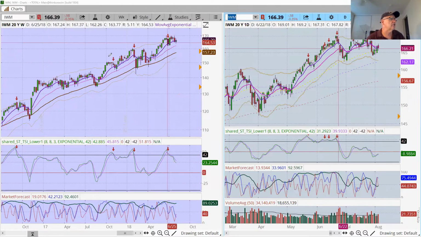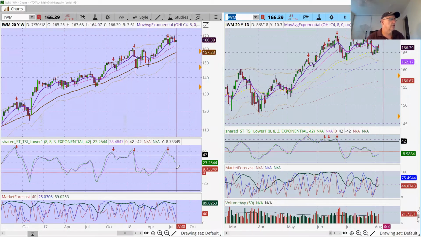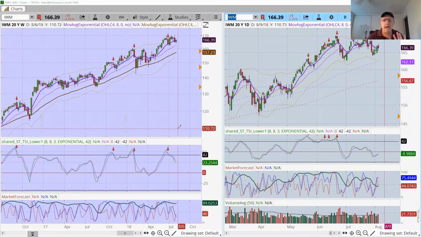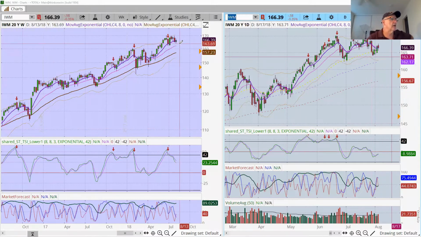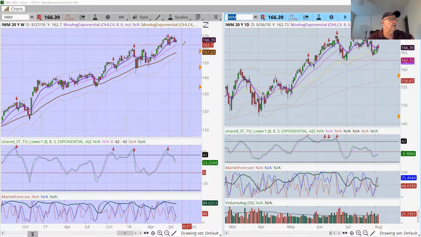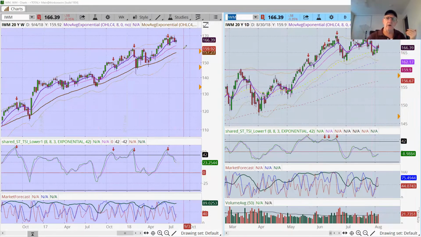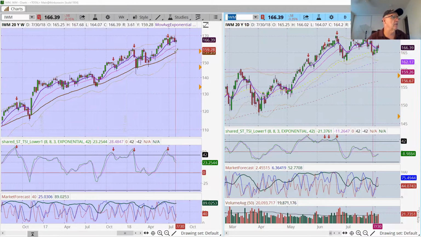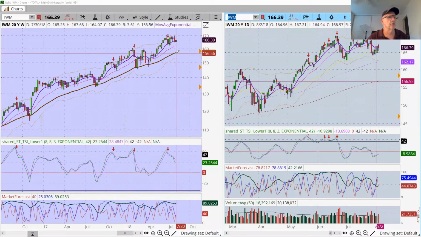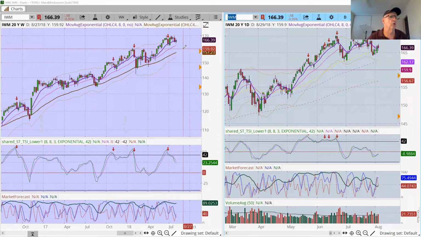As I look at this chart of IWM, could this turn around right where it's at? Absolutely. At the same time, we could see a pullback down into the 162.70 level and even the 160 level. 160 would be, to me, a stronger level of support to work off of, because by that time, the 40-week moving average, which equates to approximately the 200, would be up in about the 160 level.